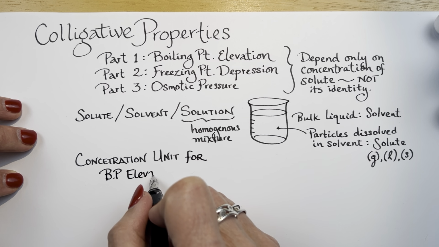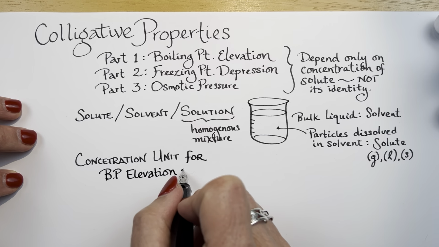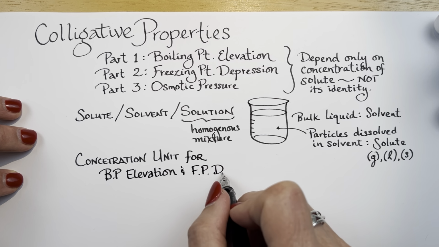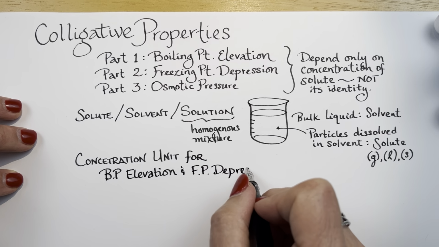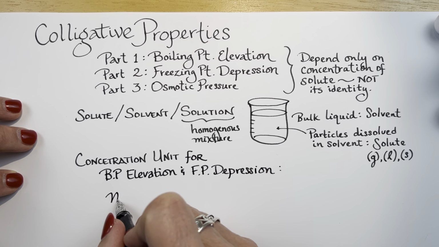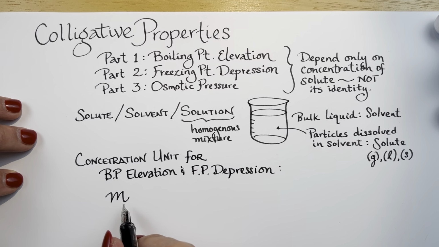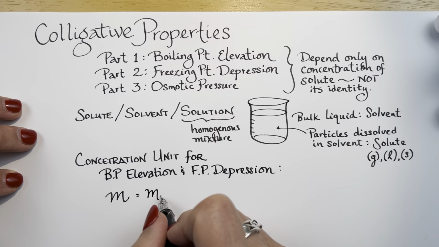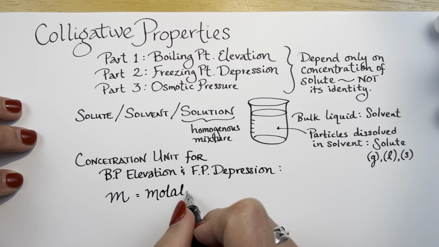Okay, so this is for the boiling point elevation and the freezing point depression. We will use lowercase italicized m. This is molality.